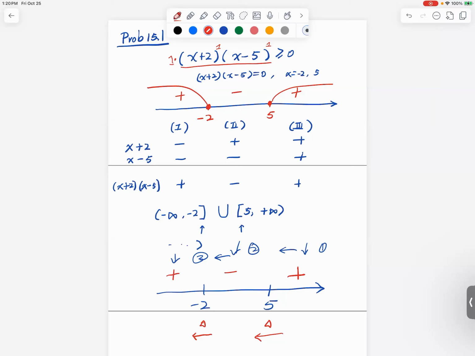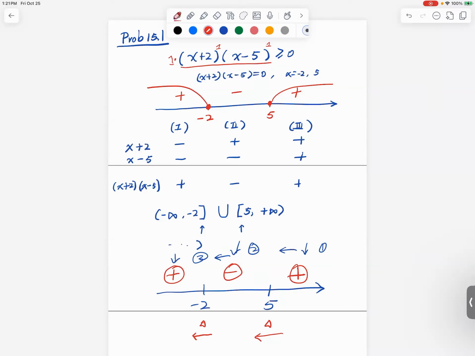So you see we have alternating signs starting from the rightmost interval and moving towards the left: plus, minus, plus. This is a pattern. In this section, almost all of the inequalities can be solved in this way.